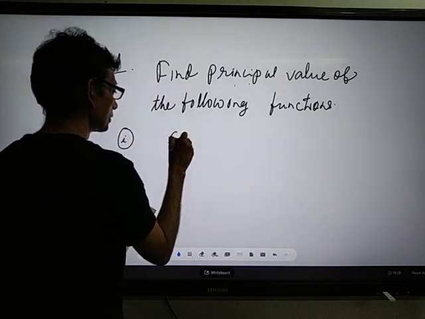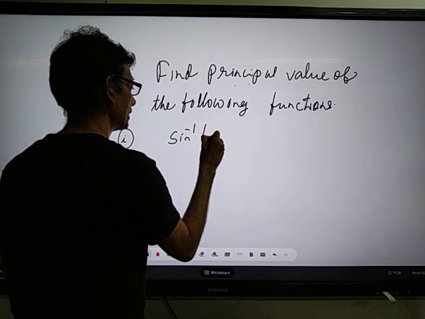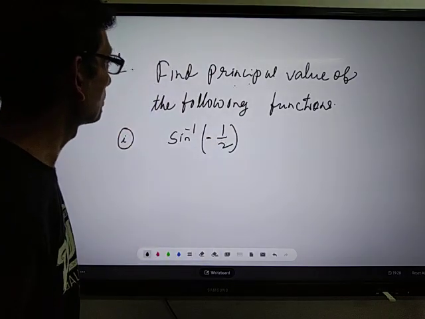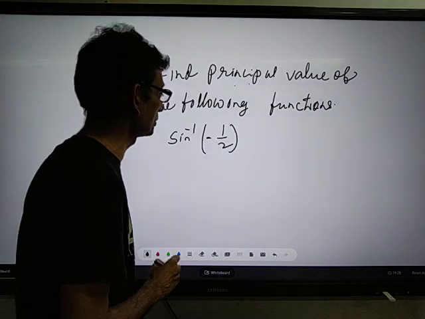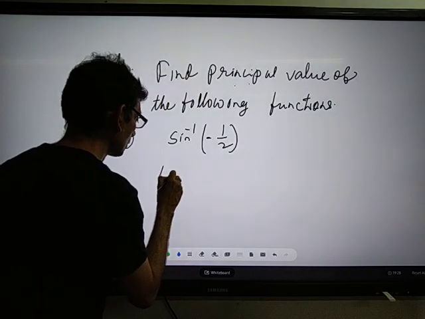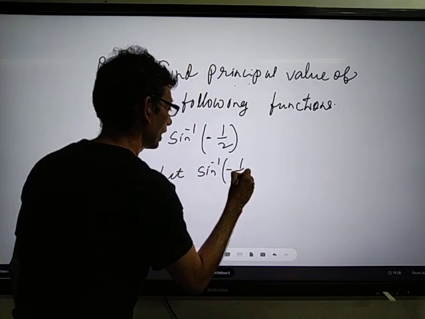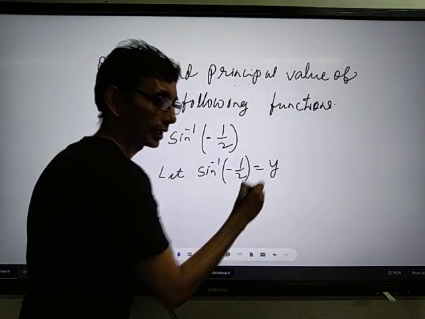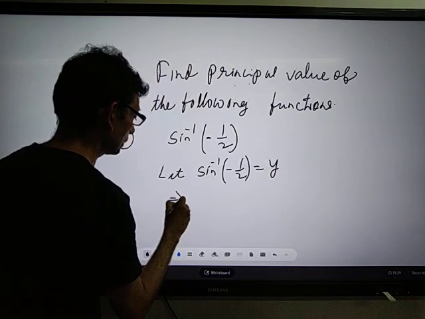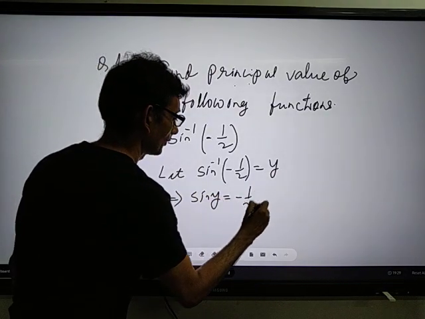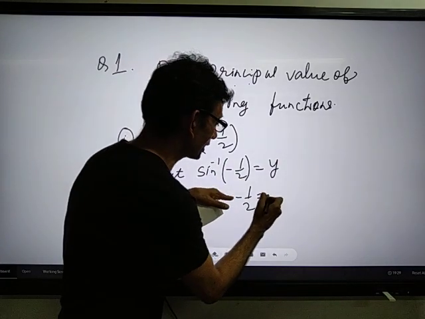Sine inverse minus 1 by 2. How to solve this? How to find the principal value of sine inverse minus half? Let sine inverse minus half equal to y. So sine y equal to minus half. Now let the minus be there.